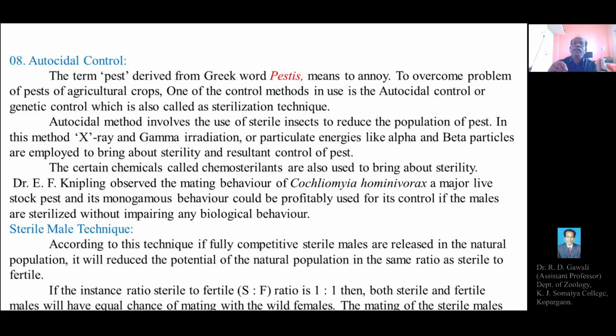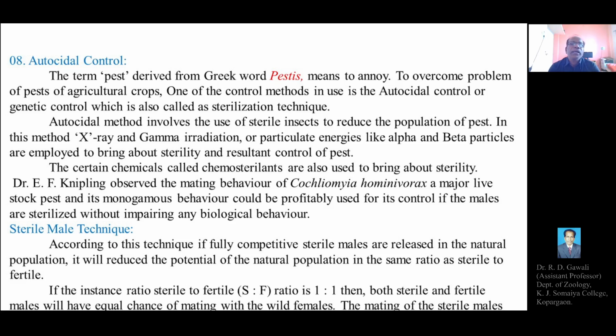Autocidal control, or the sterile male technique, involves the use of sterile insects to reduce the population of the pest.